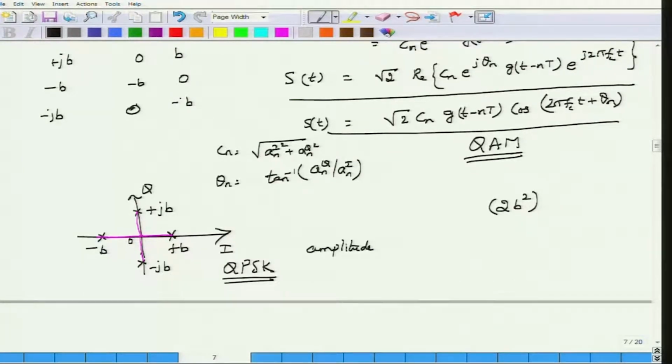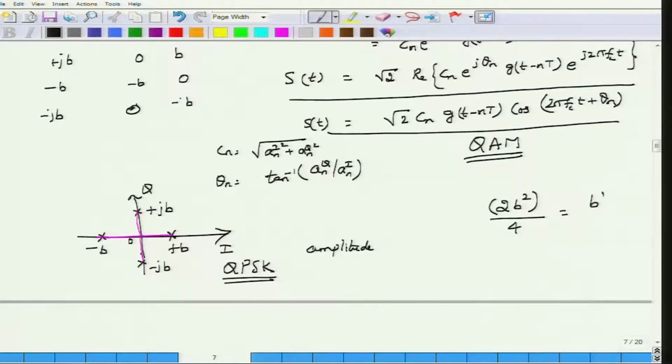Assuming that all these signals are equally likely to occur, this 2 is because you have a square root of 2 here. So, the amplitude would actually be square root of 2 into B, therefore the energy is 2B square. B is a real number, and since there are 4 possible symbols and each of these symbols is equally likely to occur, this would be the energy.